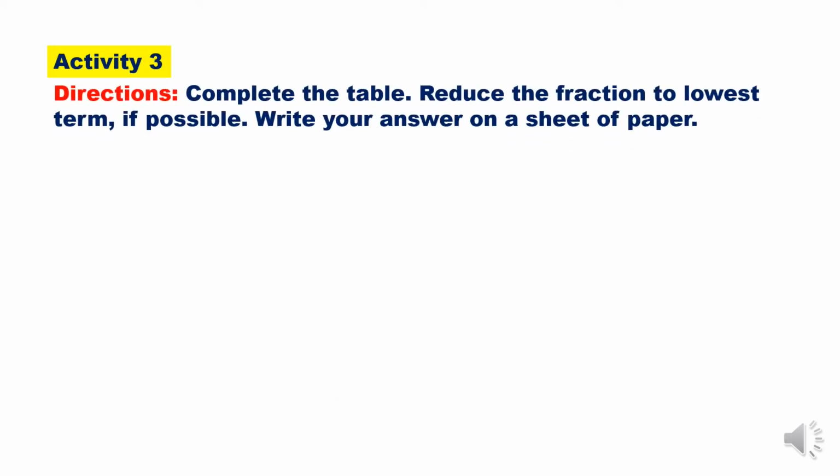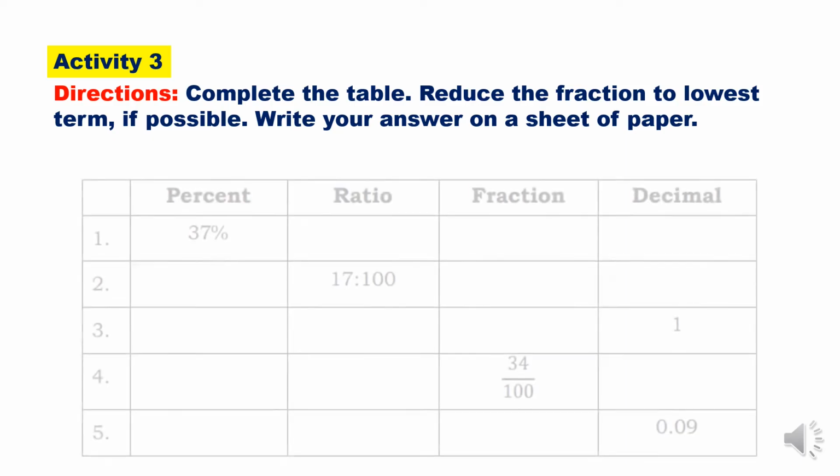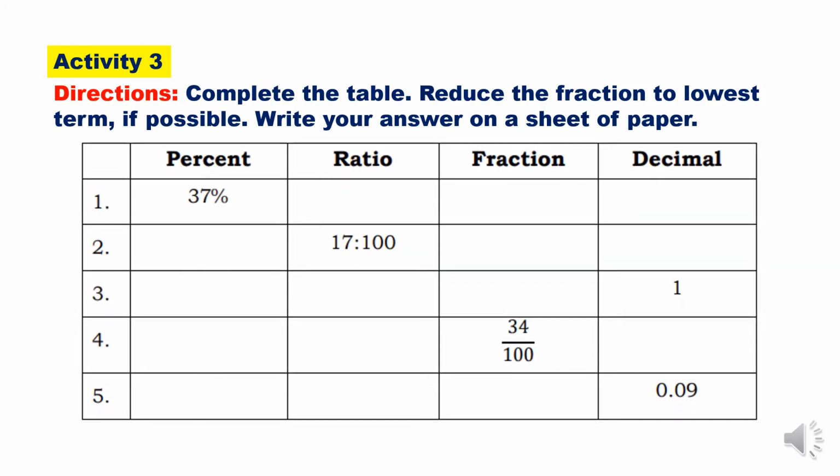For activity 3, complete the table. Reduce the fraction to lowest term if possible. Write your answer on a sheet of paper. For number 1, 37%. In ratio, 37 is to 100. In fraction form, 37 hundredths.